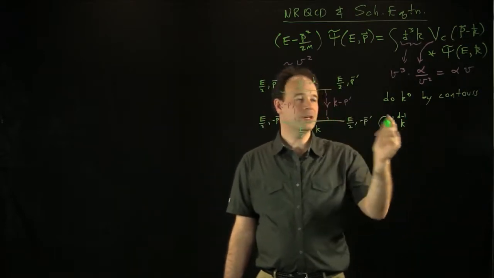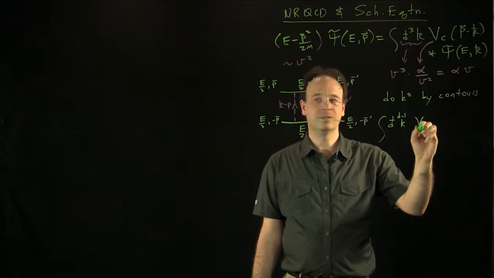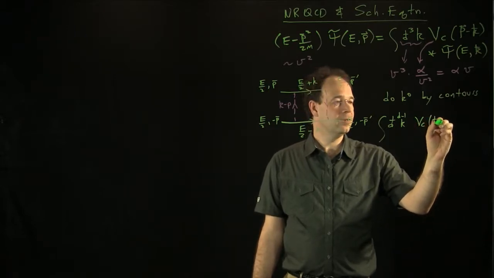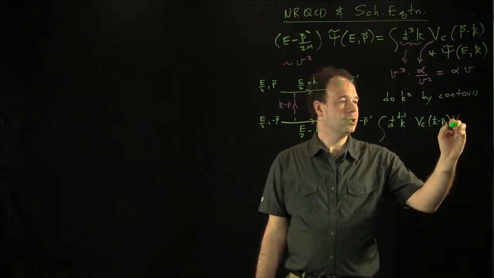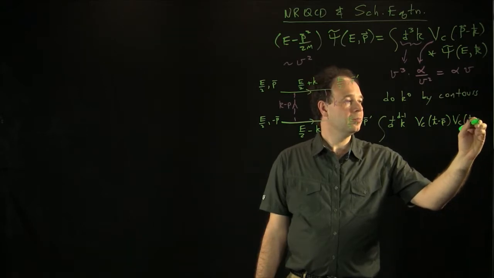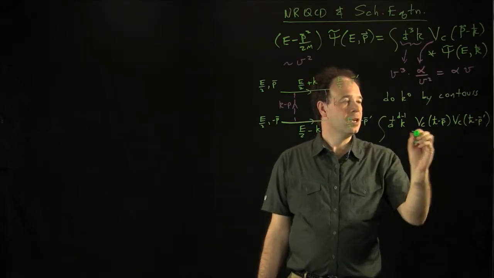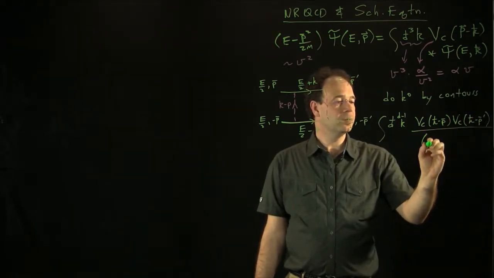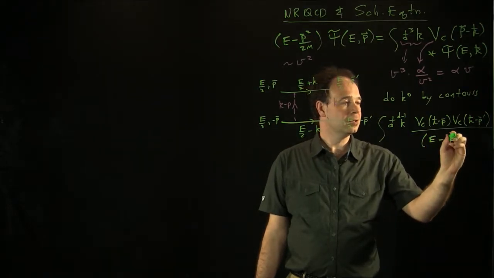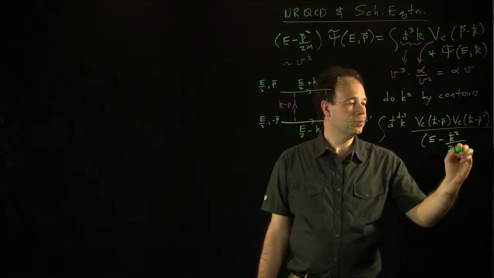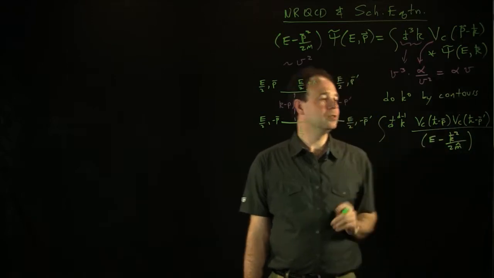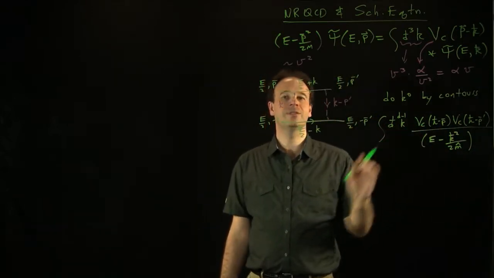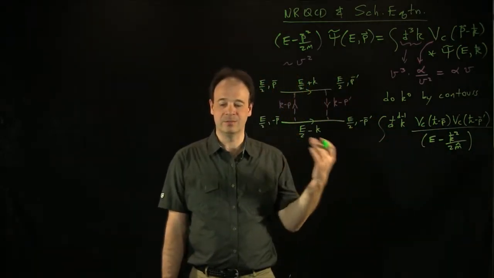And then we have the 2 potentials. We're still left with them. So this is V Coulomb of k vector minus p vector, and V Coulomb of k vector minus p prime vector. And then downstairs, we get the 2-particle propagator, which is E minus k squared over 2m. And if we want to be precise, it would be the reduced mass that shows up there. OK, so that's the type of integral that we're finding in this situation.